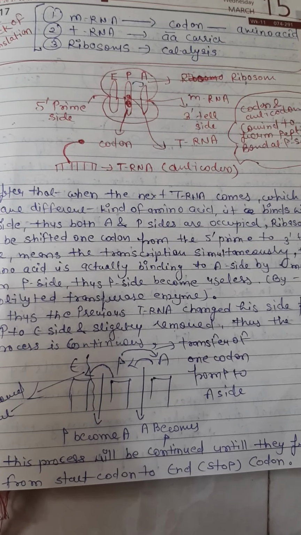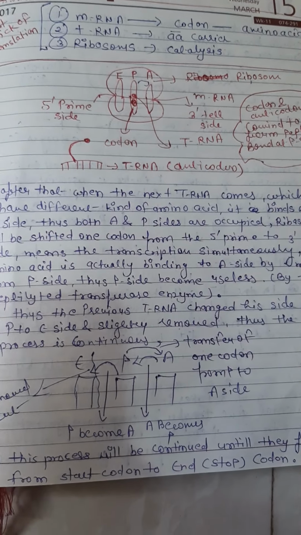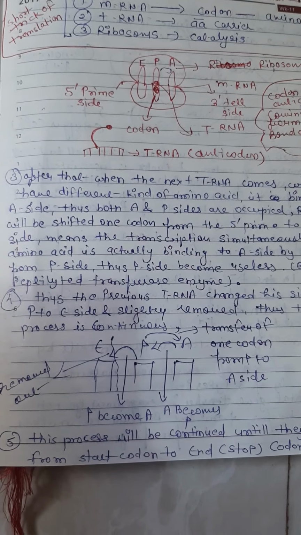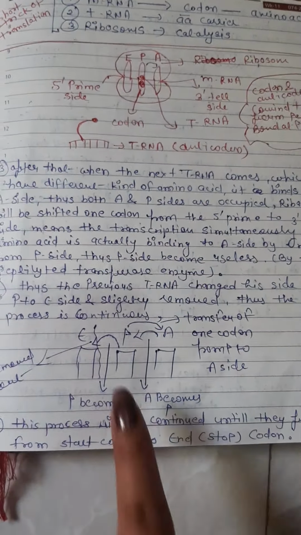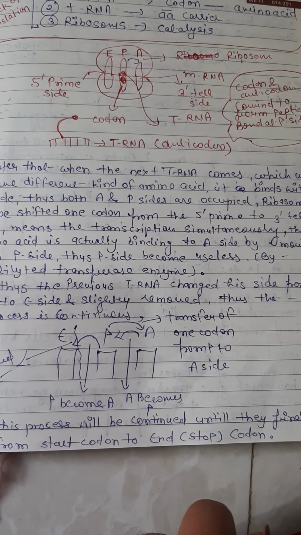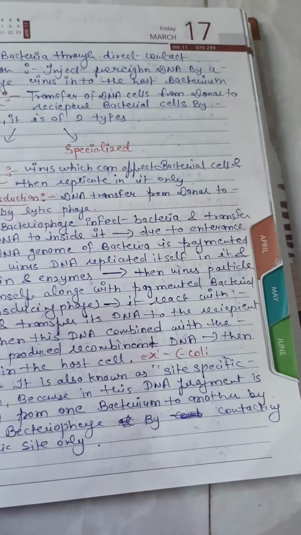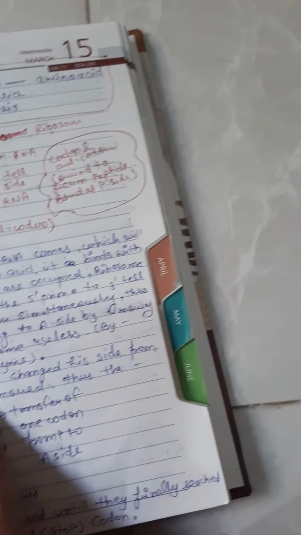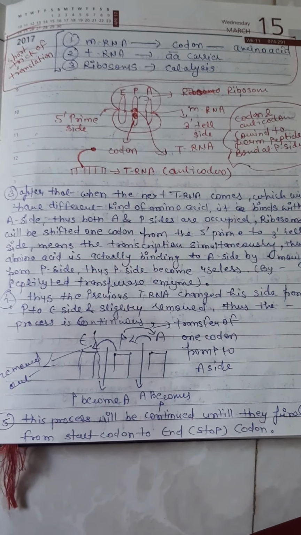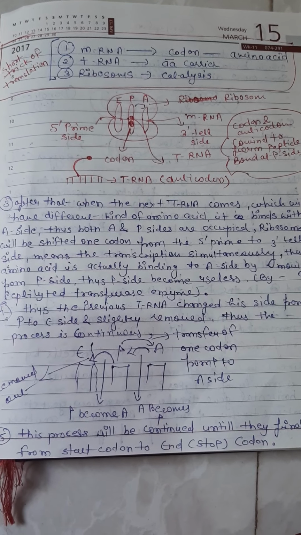This continues until the stop codon occurs, meaning the end of the message. When this happens, the translation process is completed. I hope, students, you have understood the transcription and translation process. Thank you.